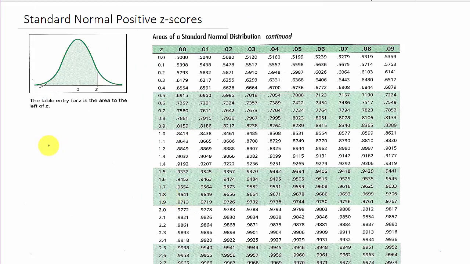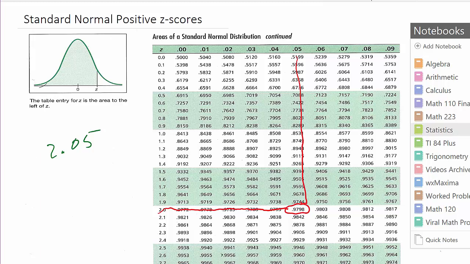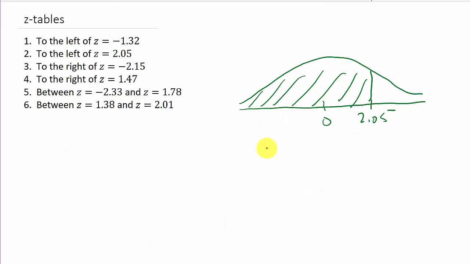So we're looking for z is 2.05. We look it up, and that'll give us this area to the left. We've got 2.0, and then the second decimal is 5, so we would be in this column. That's going to be 0.9798. That would be this area here.